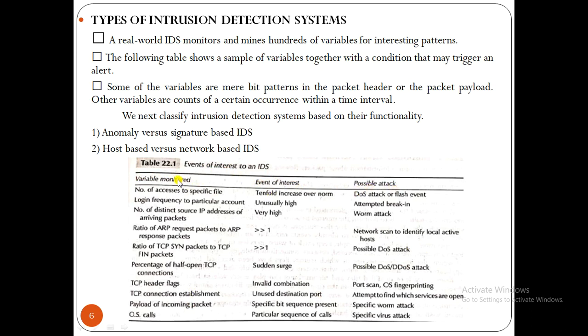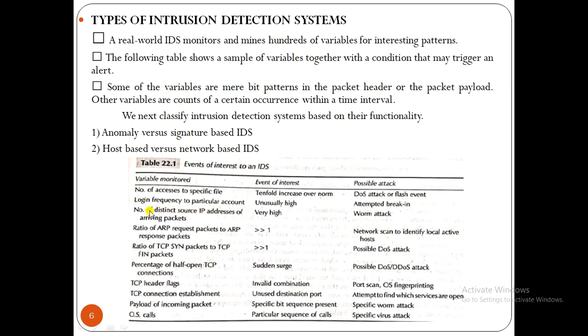So here, the number of accesses to a specific file, the event of interest is a tenfold increase over the norm, and the possible attack is a denial of service attack or a flash event. Next, login frequency to a particular account, the event of interest is whether it is unusually high, and here the possible attack is an attempted break-in.